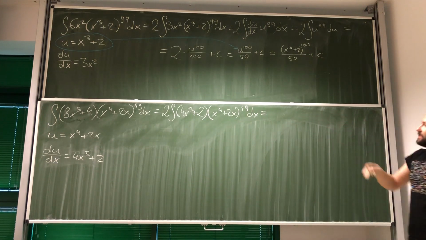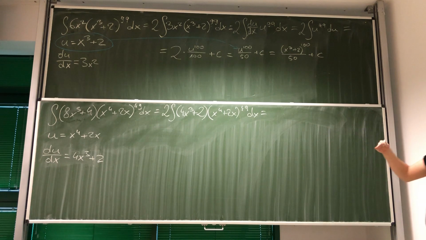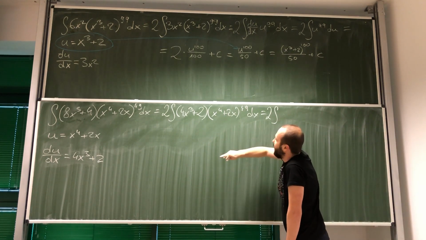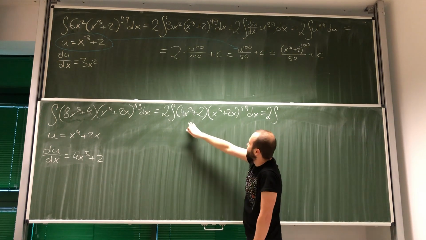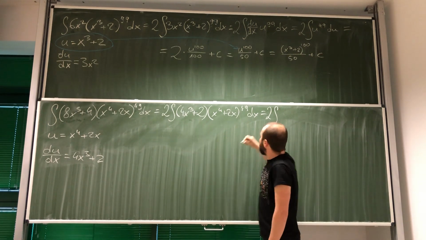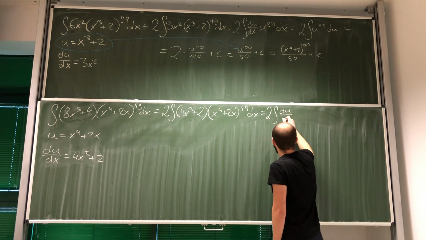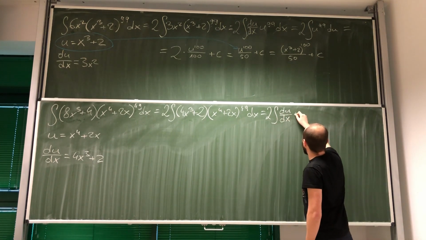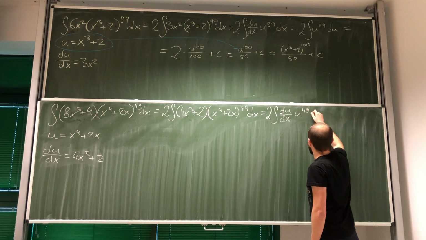And now, as you see, the only thing left is substitution. So we've got 2 times the integral, and now instead of this I can write du dx, and instead of this, I can write u to the power 49 dx.